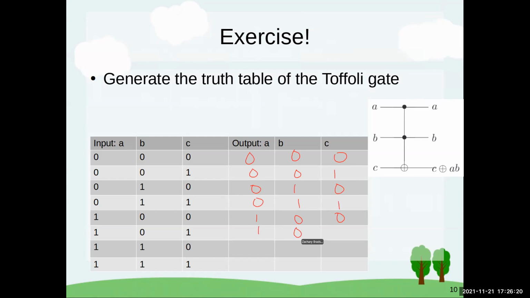Sorry, I'm trying to remember how to count in binary at the same time. And then you get to the 2 states of interest, which are 110, which goes to 111, and 111, which goes to 110. And I believe that is all of your states.